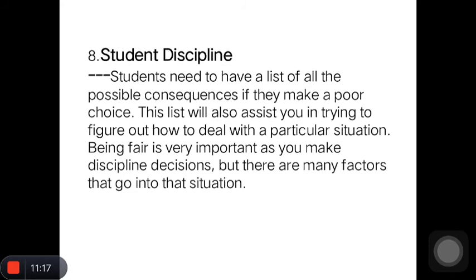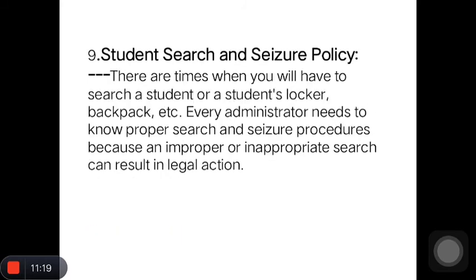And number 9 is student search and seizure policy. There's a time when you will have to search a student's locker, backpack, etc. Every administrator needs to know proper search and seizure procedure, because an improper or inappropriate search can result in legal action.